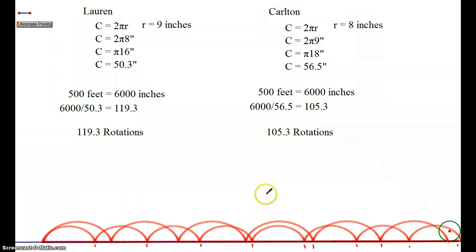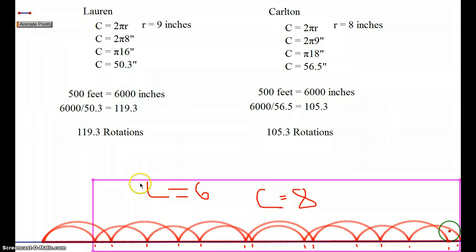So Carlton did 8. And if we look at Lauren, we have 1, 2, 3, 4, 5, 6. So Lauren did about 6 in the same distance. We can see easily this isn't 500 feet, but whatever the distance is, Carlton did more than Lauren.